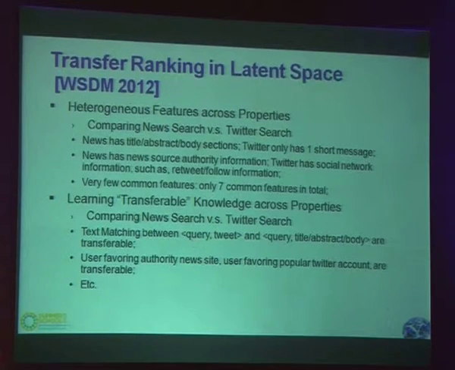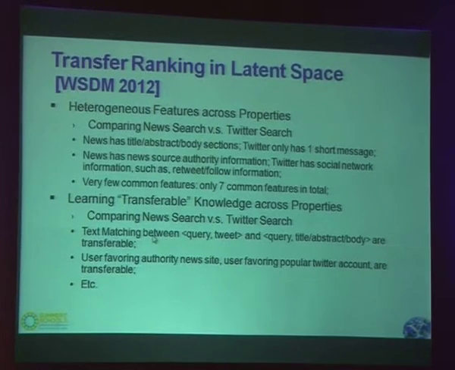For example, if we compare the news search and the Twitter search, we find that the text matching, the proximity between the query and the tweets, and the query and title, or the query and abstract, are transferable. And similarly, we find the user favoring authority news sites like Yahoo or NBC, right?